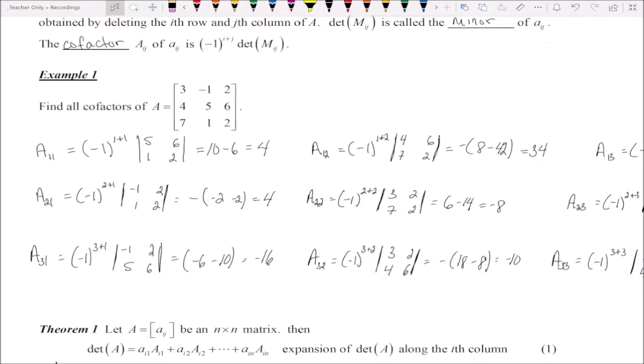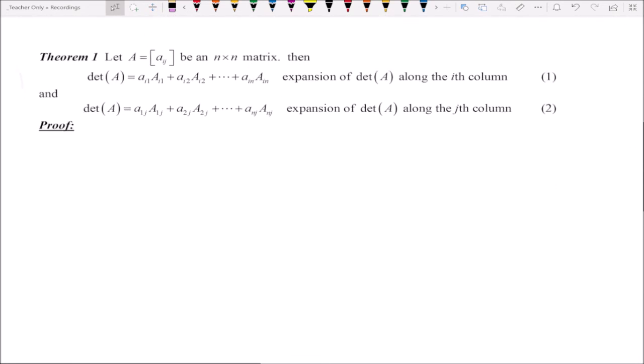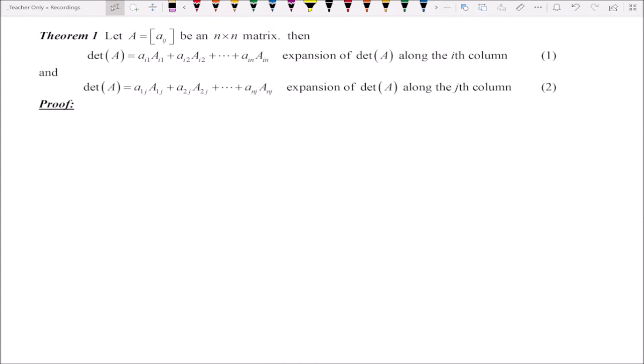Let's now look at the actual method. So we let A be an n by n matrix. Then the determinant of A is ai1 times big Ai1 plus ai2 times big Ai2 plus so on and so forth plus ain times big Ain.